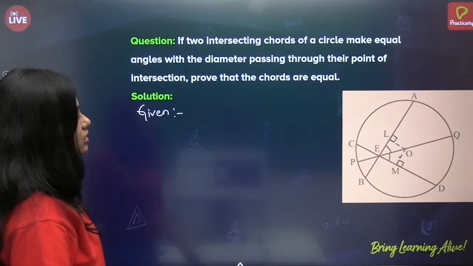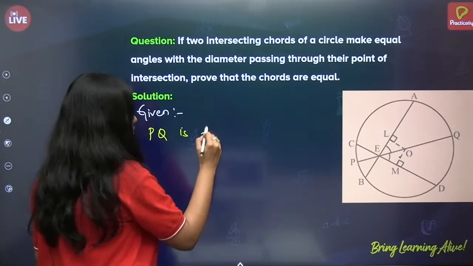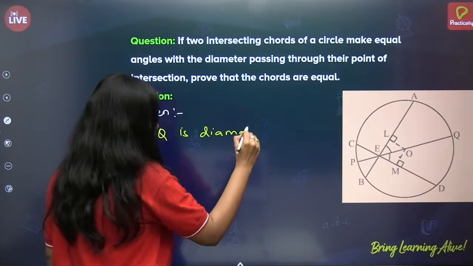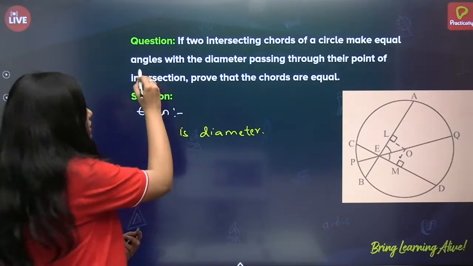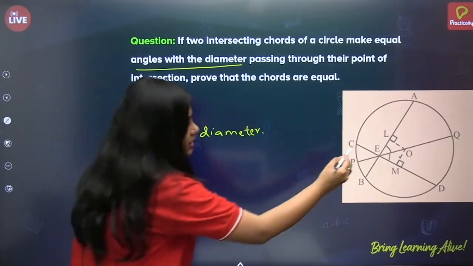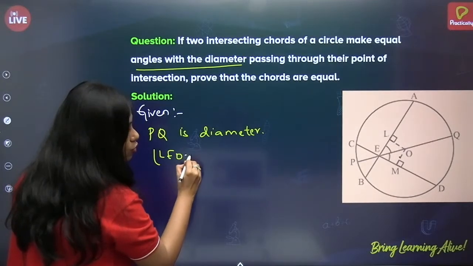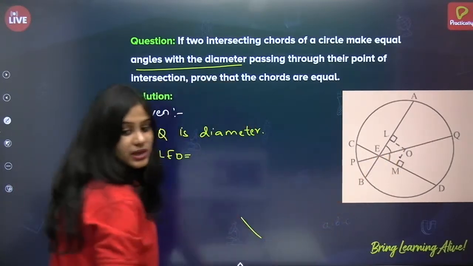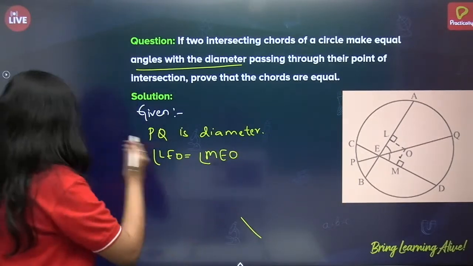Given that PQ is the diameter, and what else is given? They make equal angles with the diameter, that is angle LEO is equal to angle MEO, correct?